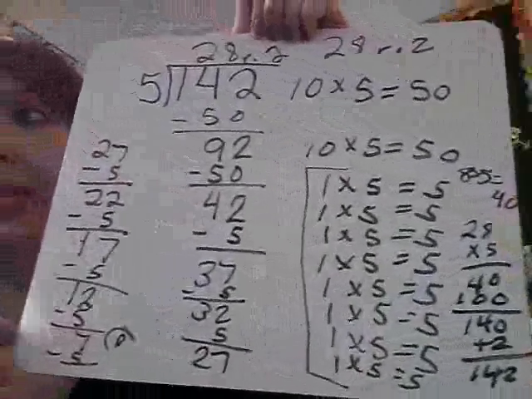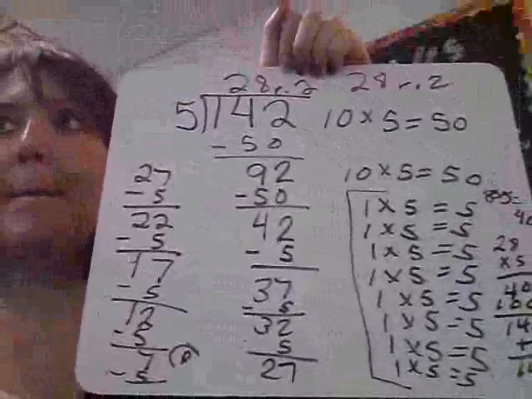Almost there. Last 1 times 5 equals 5. And I end up with 2.